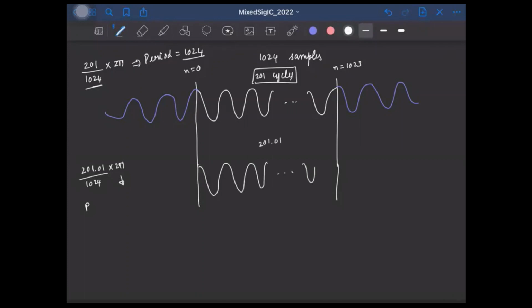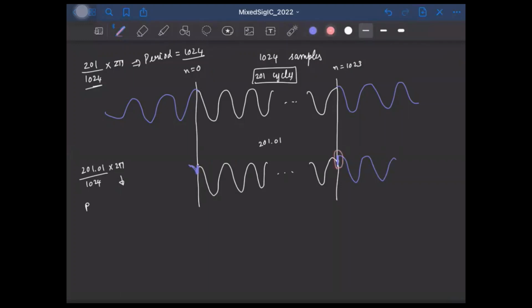So it finishes 201 cycles well before the end, and it goes well beyond that. If I try to repeat this signal, I'll start having a sudden jump at this point, and similarly at this end, the signal will end here and there will be a sudden jump here.